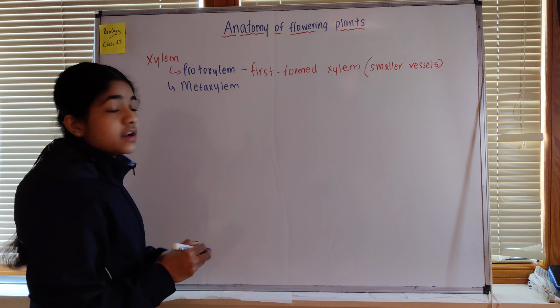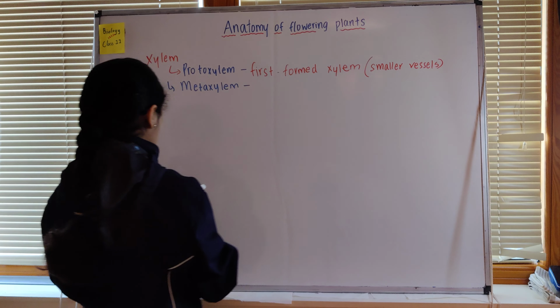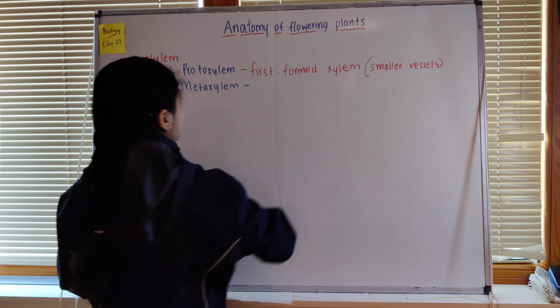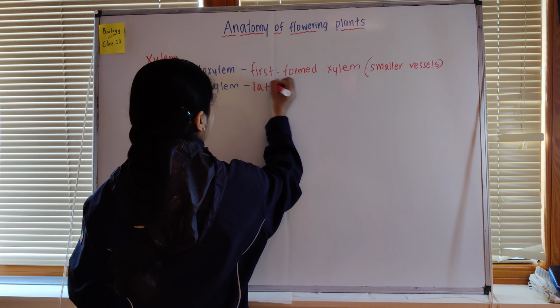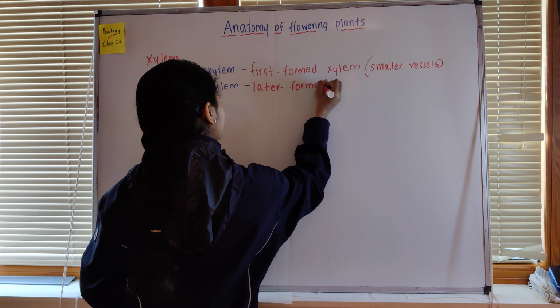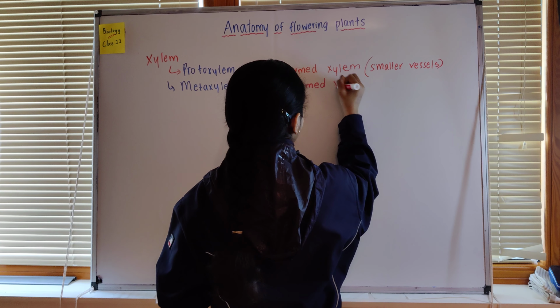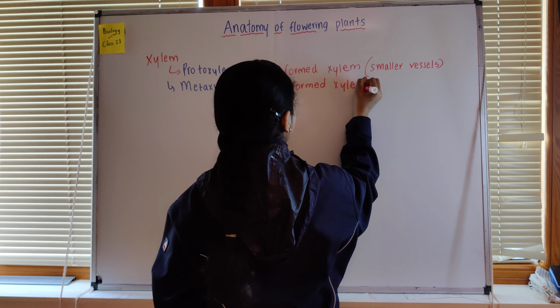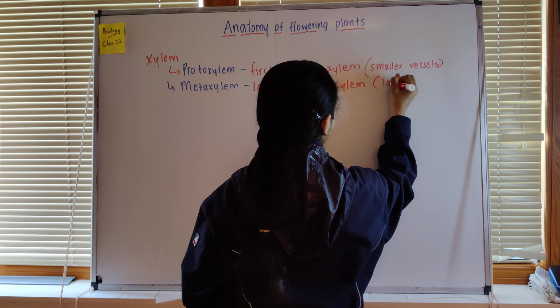Metaxylem is a xylem that is formed later. So it is the later formed xylem. And this metaxylem always consists of larger vessels.